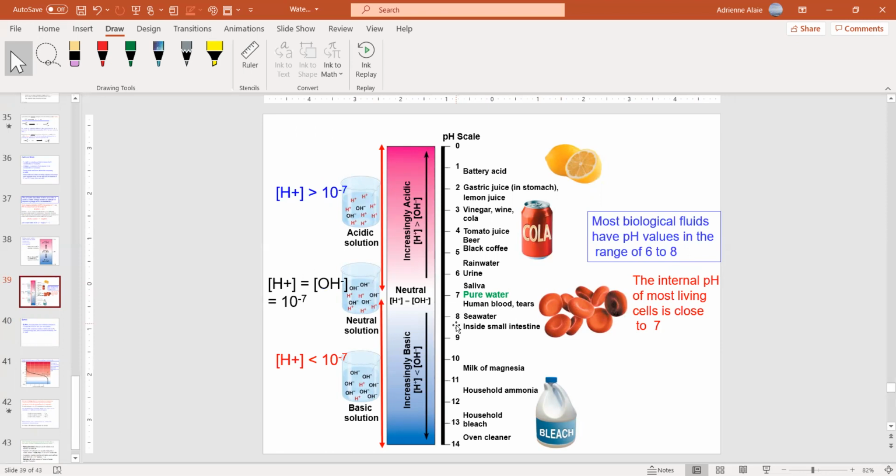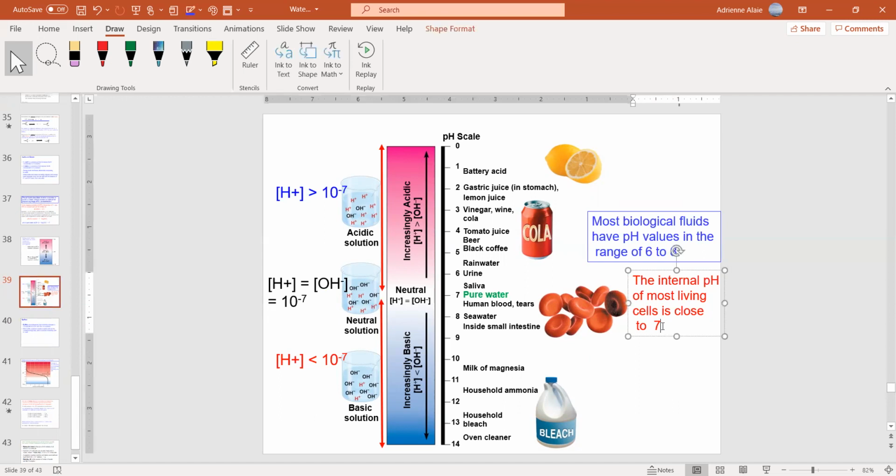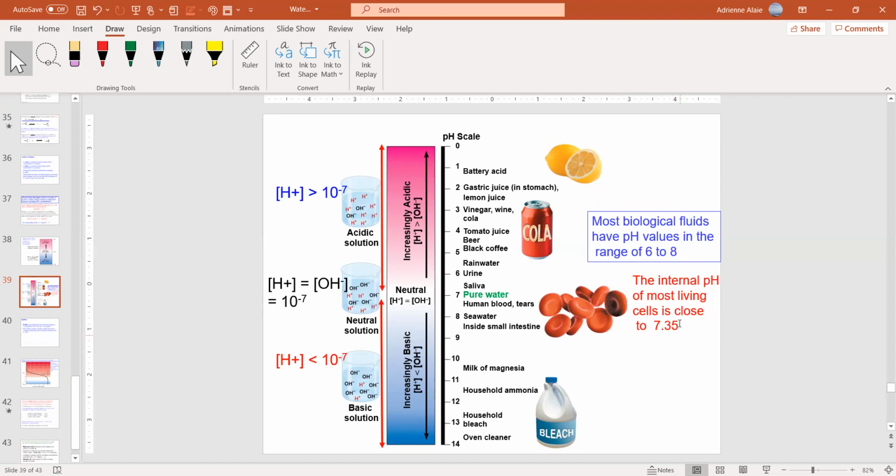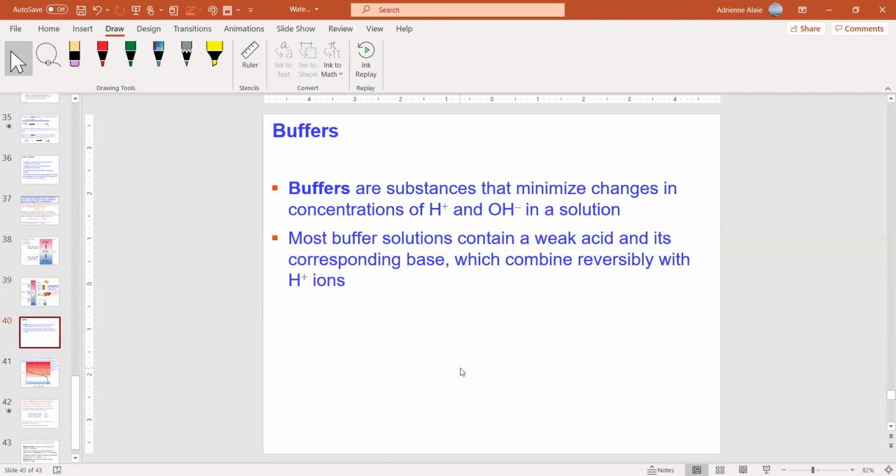That's alkalosis, and you're gone. And your blood can't go from 7 to 6, that's acidosis, and that's terrible for us. So we pretty much are in the range of about 7.35. Our own blood is somewhere around there. We do not go very far off this set point. So how do we avoid changing things?